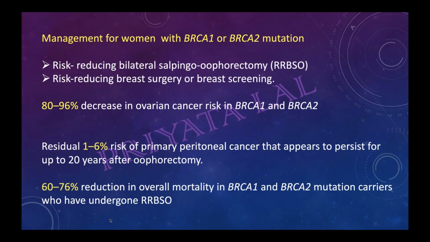Also, if they remove the ovaries, mortality risk is also reduced. That is a 60 to 76% reduction in overall mortality. All three numbers I have highlighted, questions come from every number. So you have to remember these percentages, important for both Part 2 and Part 3 people.